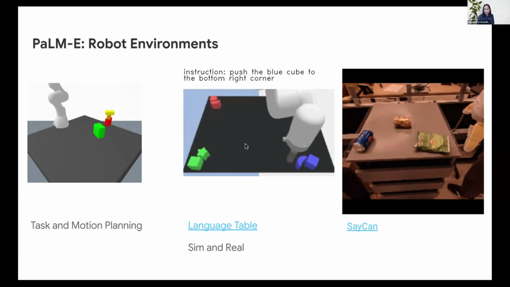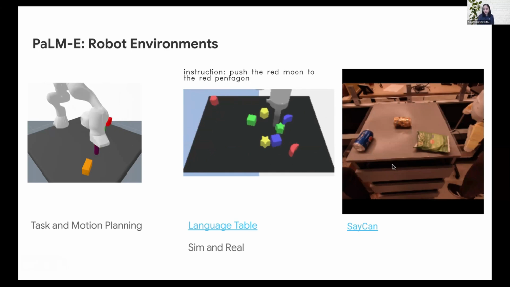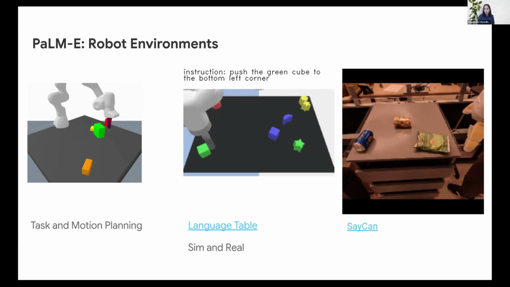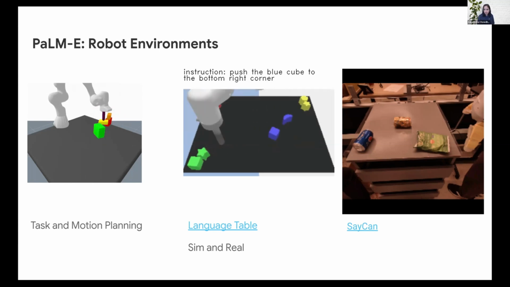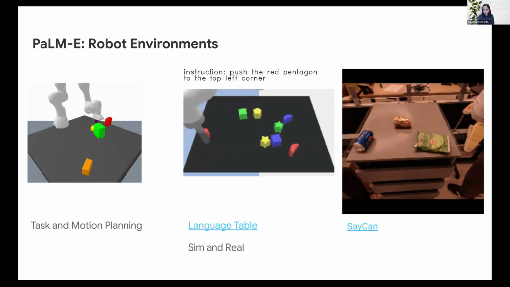It's a much more complex environment where there are blocks of many colors. And the third environment will be fractal robots, which are instructed to do real world tasks, such as fetching a bag of chips or fetching cans. And this work was done in SayCan, which is in Google Robotics.